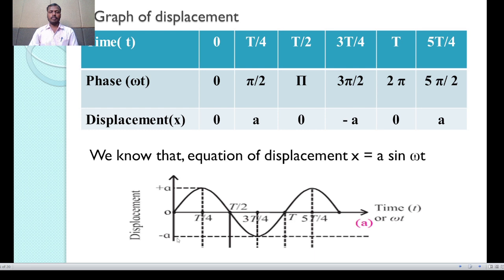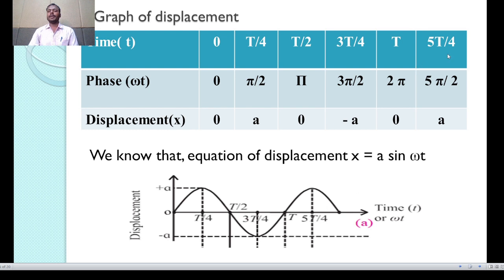So minus a is the displacement when the time is 3T/4. Now the fifth point, putting the value of T, the phase is 2 pi, sin 2 pi is 0, 0 multiplied by a is 0, so x is equal to 0. When the time is capital T, displacement is 0.